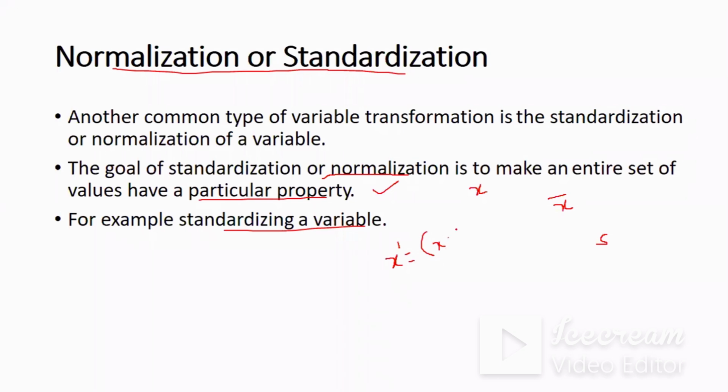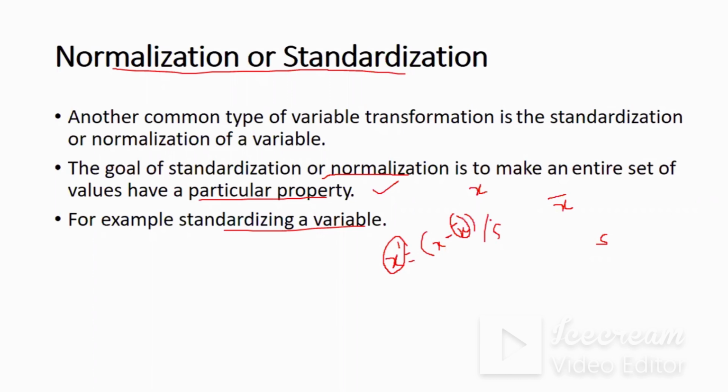Many times you must have done this in statistics. The standardized value is x minus x bar, divided by s. So each value is x minus the mean, divided by the standard deviation.